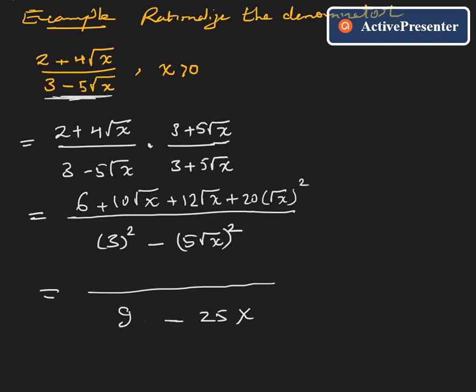We have 6 plus 10 square root of x plus 12 square root of x, which is 22 square root of x, plus 20 times x. So we are done.